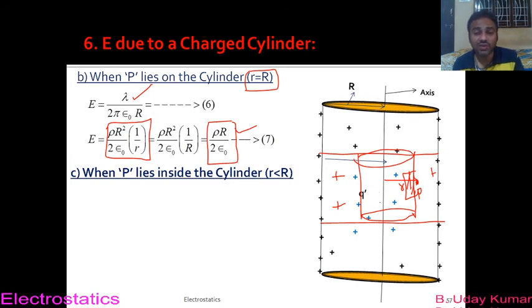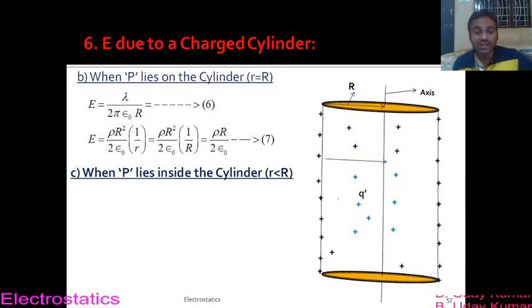So the charge present in this Gaussian cylinder is something other than Q, and I have taken that charge as Q dash. This is the explanation part, you try to understand it neatly.